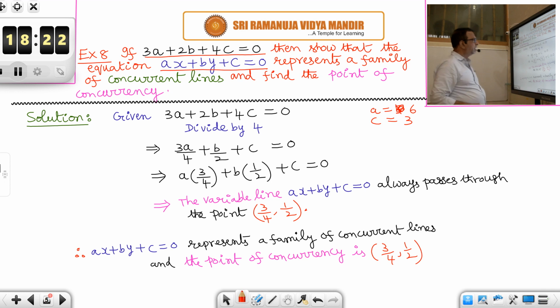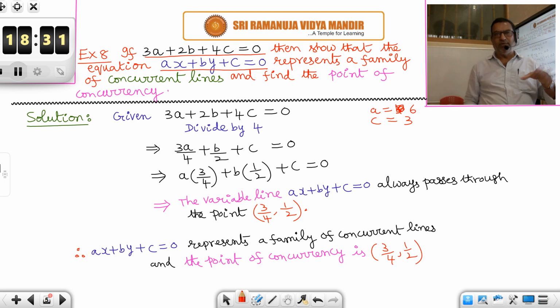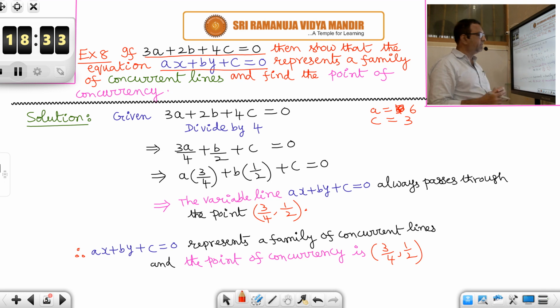Then I will calculate the value of b so that the condition is satisfied. Say there are three numbers a, b, c. You select any two numbers. I have selected a and c. Then b can be calculated so that it satisfies the condition.